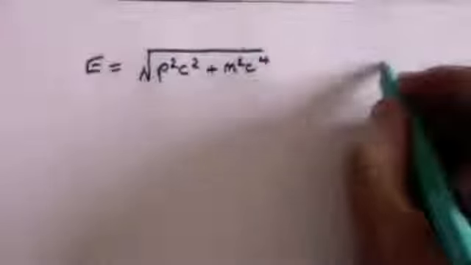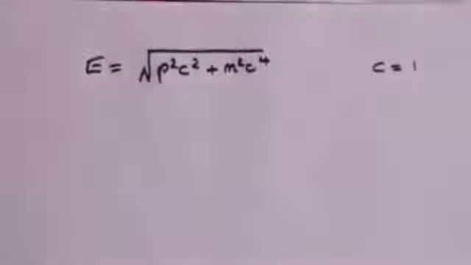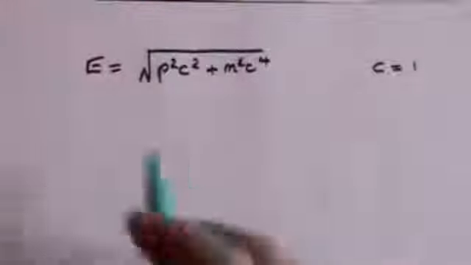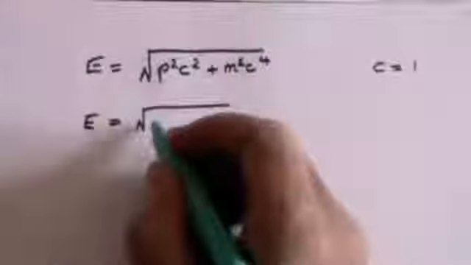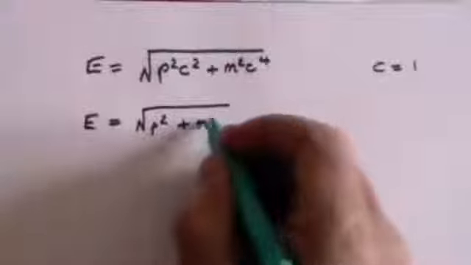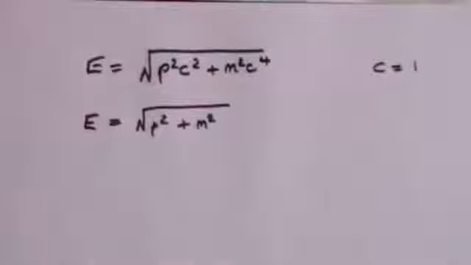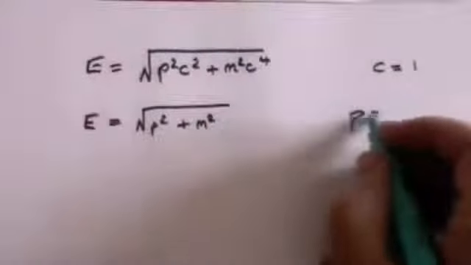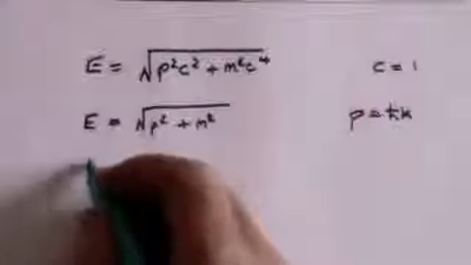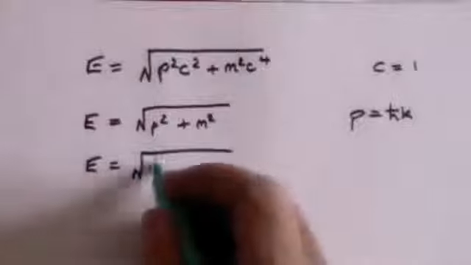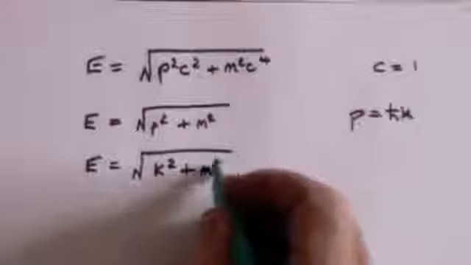Now if I set c equal to 1, which is along the same lines as setting h bar equal to 1, get rid of the constants so they don't clutter up the place, then you can see that E is equal to the square root of p squared plus m squared. But p equals h bar k, and as we've said many times before, if you let h bar equal 1, then p is k, so E is now the square root of k squared plus m squared.